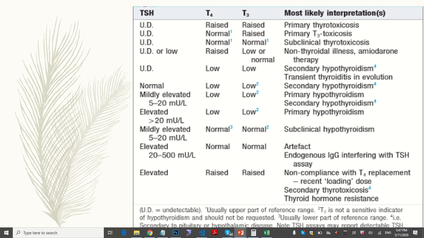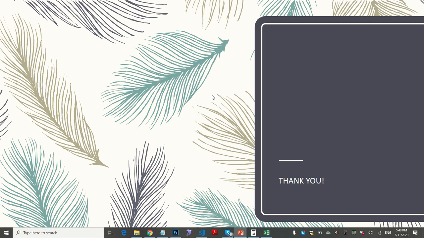In a patient with non-compliance with T4 replacement, after a loading dose, T3, T4 could be raised with an elevated TSH. So this was all about the thyroid function tests. Thank you.